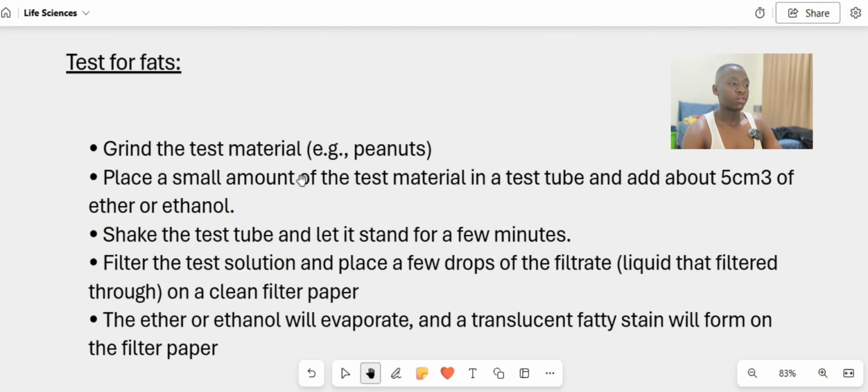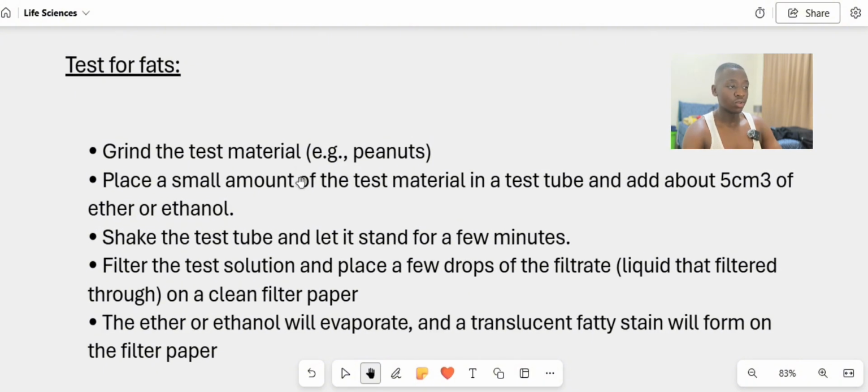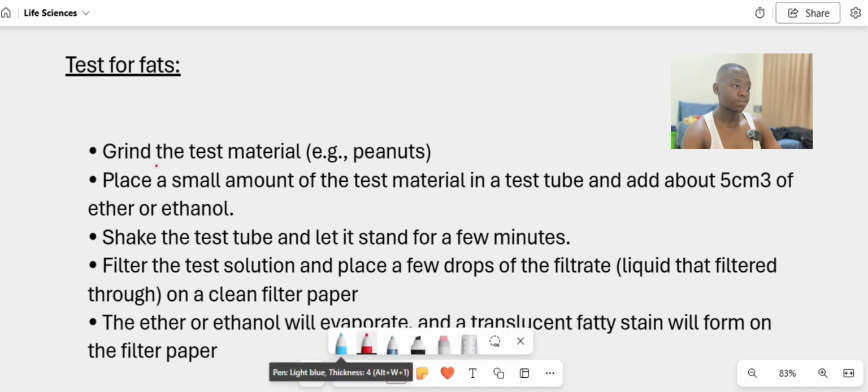Then you go into the test for fats, which are also known as lipids. This kind of testing will require you to place a small amount of the test material in a tube and add about 5 centimeters of ethanol. The solution used for testing fat is ethanol. Shake the test tube and let it stand for a few minutes.